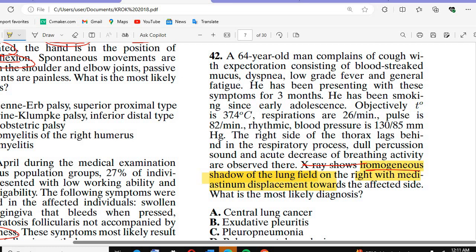So if there is involvement of the mediastinal or central part, that is telling us about central lung cancer.